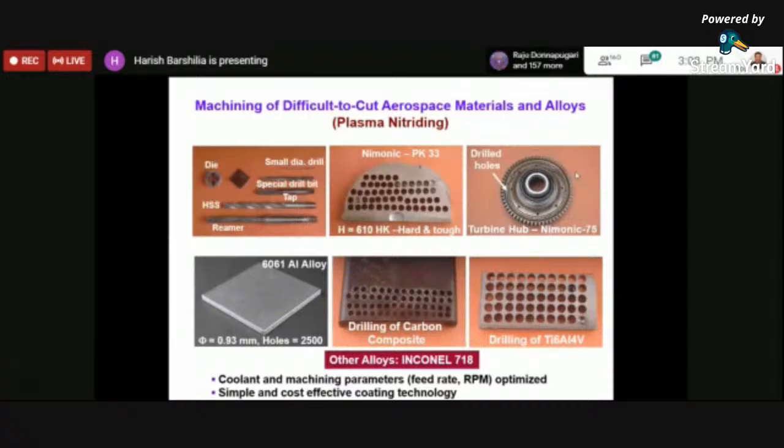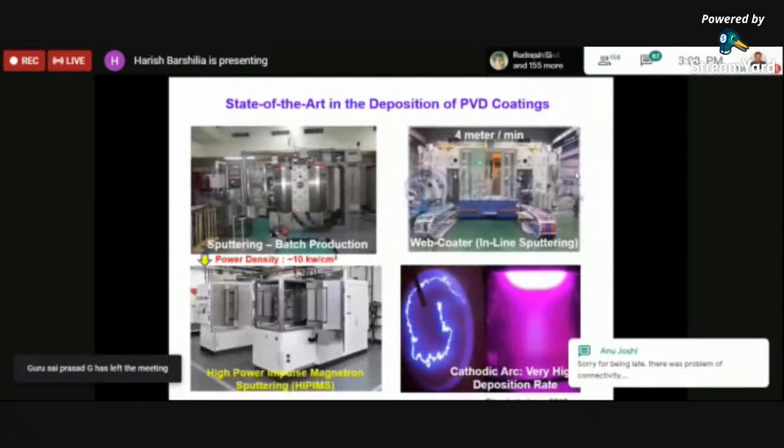The most important aspect is that the life of the tool increases very, very high, and the quality of the hole becomes very good. The surface roughness of the drilled area becomes very smooth if you apply a very small coating on these kinds of tools.